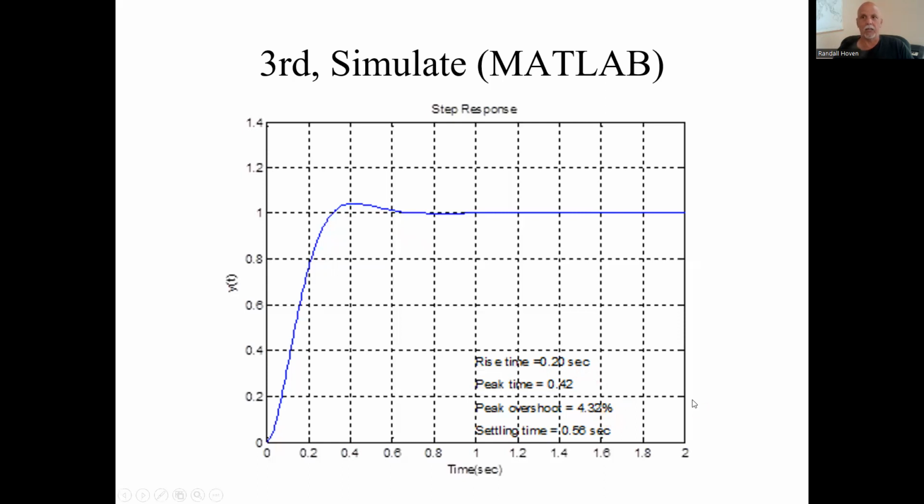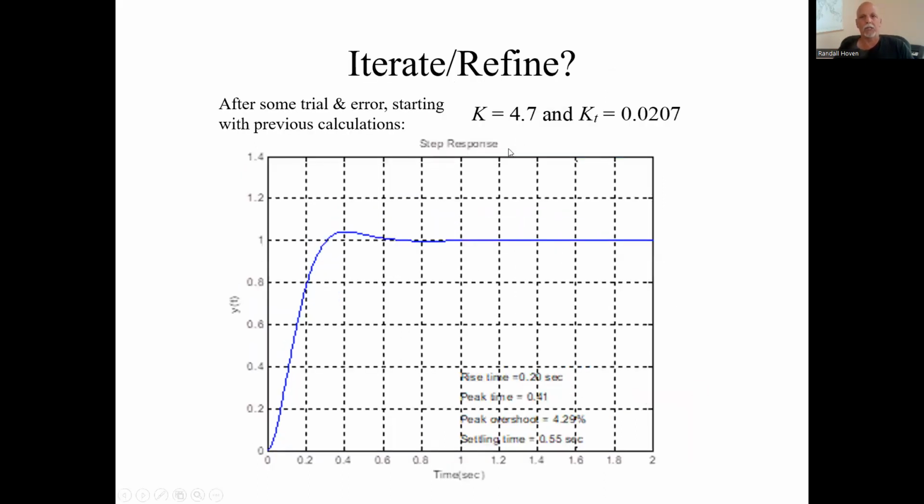If you didn't like this, say you are not allowed to exceed the spec by one iota, you might use a little bit of trial and error, not moving too far from the parameters you already had. If I did some of that trial and error, I came up with slightly different Ks, and now I'm just slightly under the 4.3 percent. I'm still beating the rise time spec.